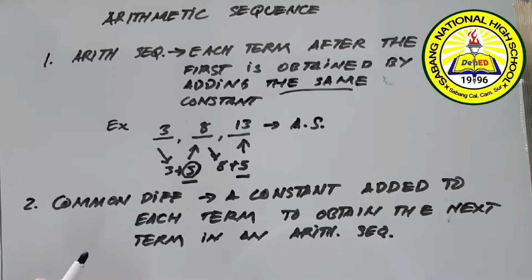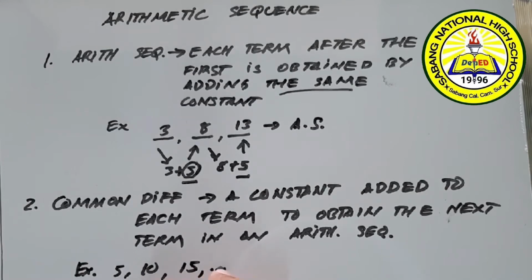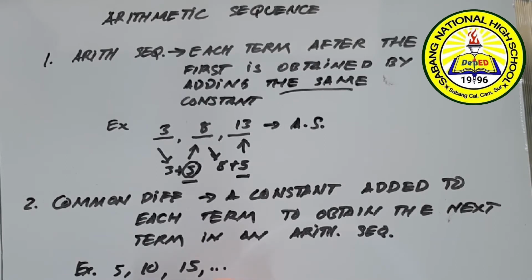So how are we going to find the common difference? Let us say we have the example 5, 10, 15, and so on. What is the common difference? The common difference is obtained by simply subtracting two succeeding terms. Let us say 15 minus its preceding term, which is 10, we have 5.